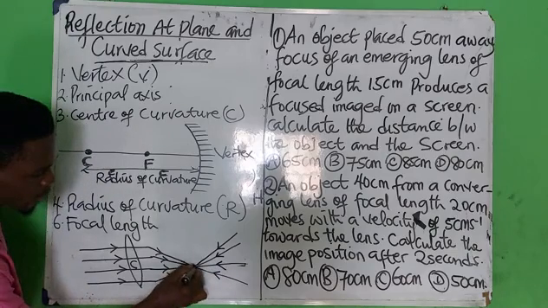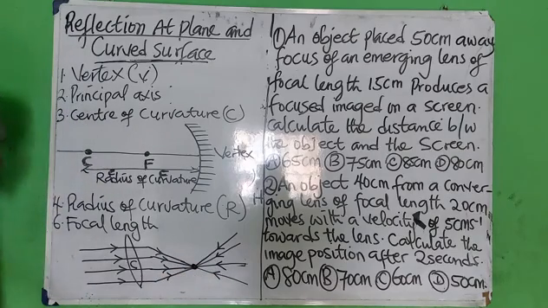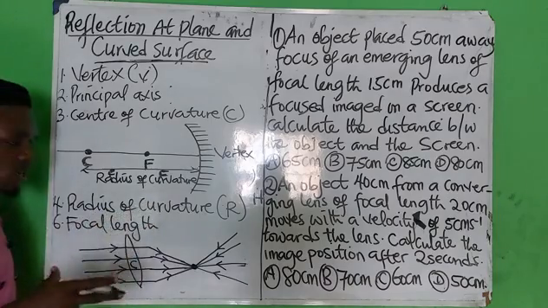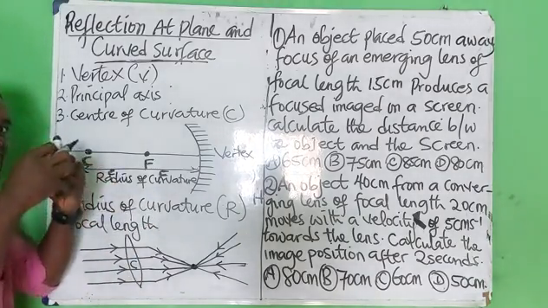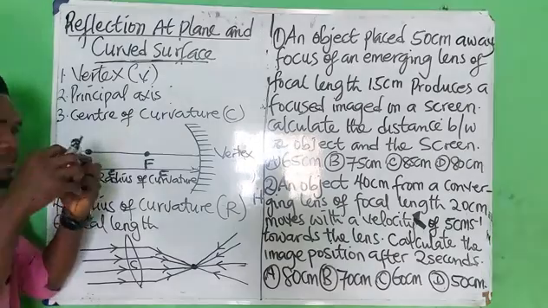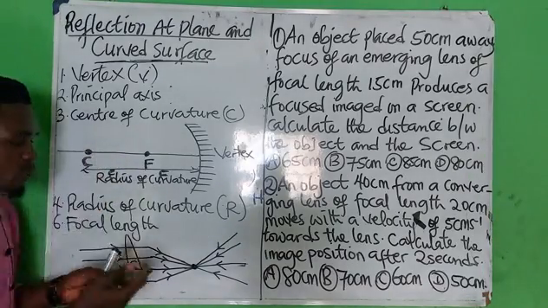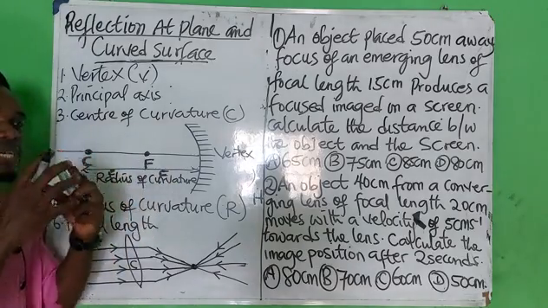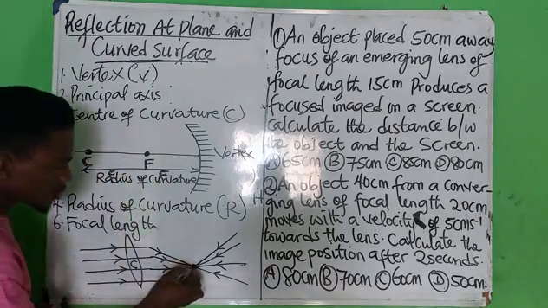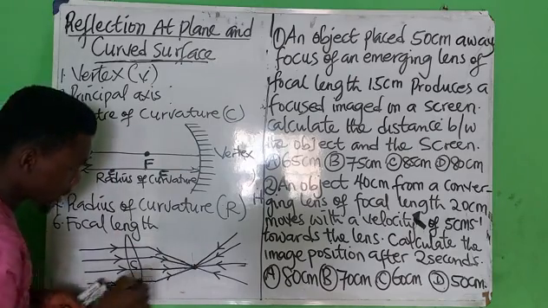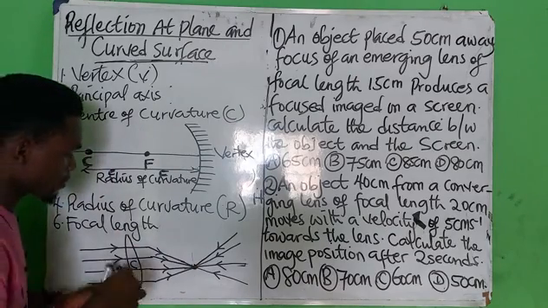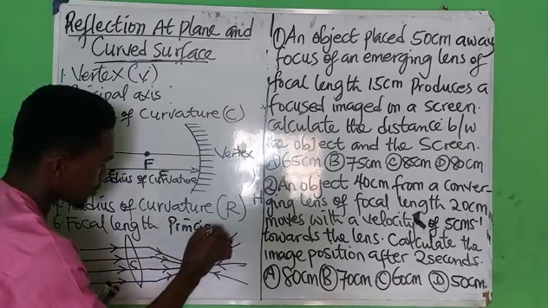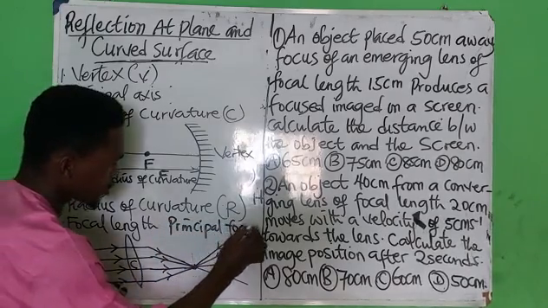Now this region where light rays converge, the meeting point where diverging and converging light rays meet, is called the principal focus. That's number five, the principal focus, denoted as F.